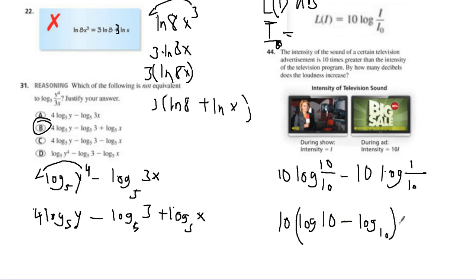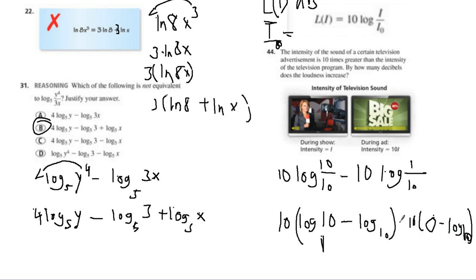And log 10 is just 1. Log 10 is just 1. And then subtract that by 10 times log 1. Log 1 is 0 minus log I of O. So 0 will just get you this negative.